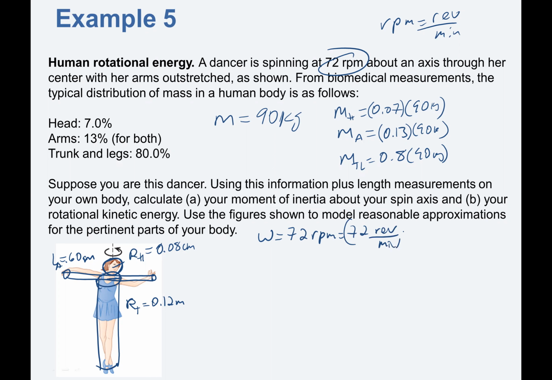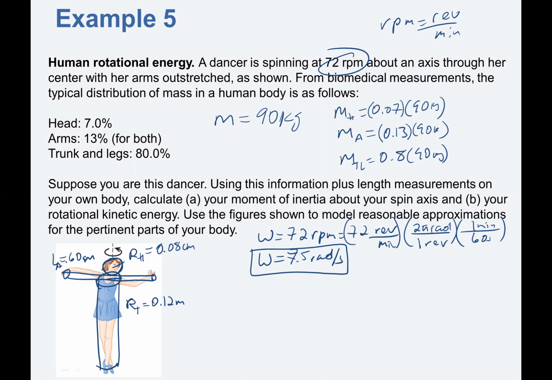That means we take this and multiply, where 1 revolution is 2 pi radians, and 1 minute is 60 seconds. So we get omega as 7.5 radians per second, because we want this in terms of radians per second.